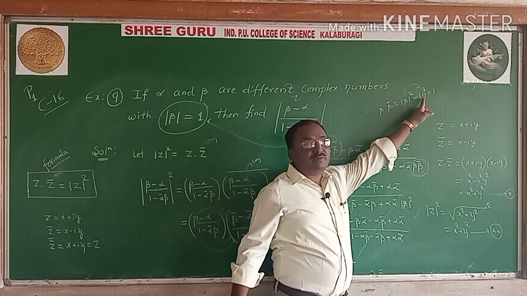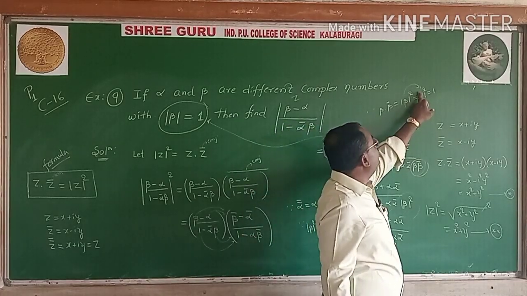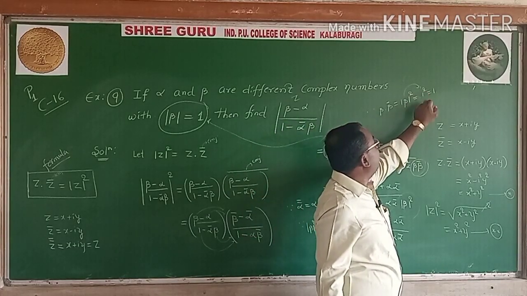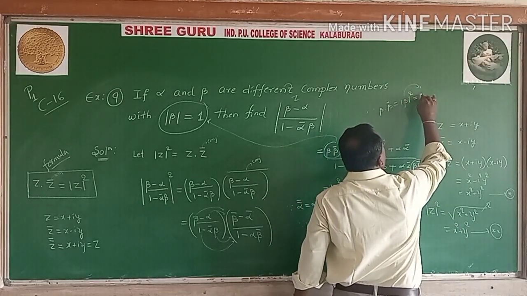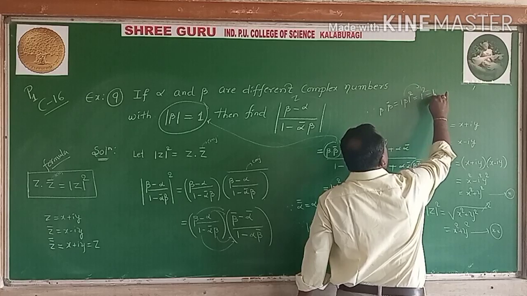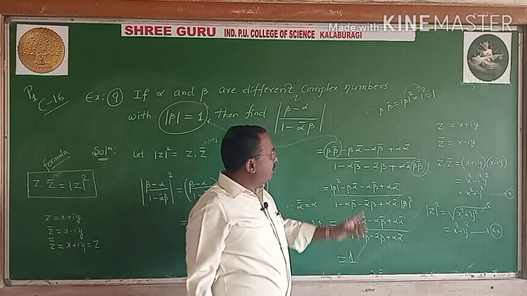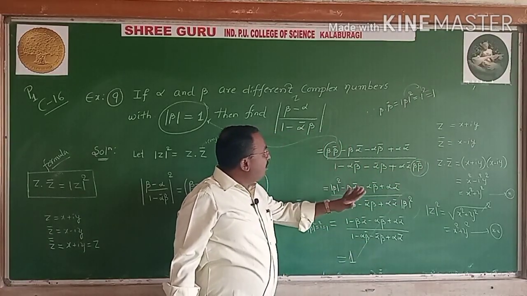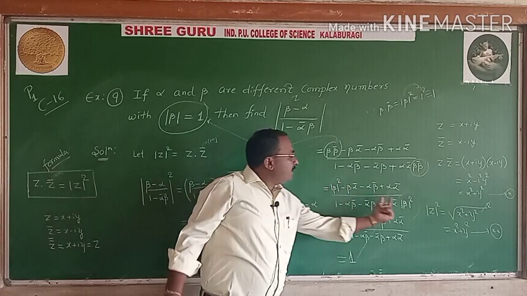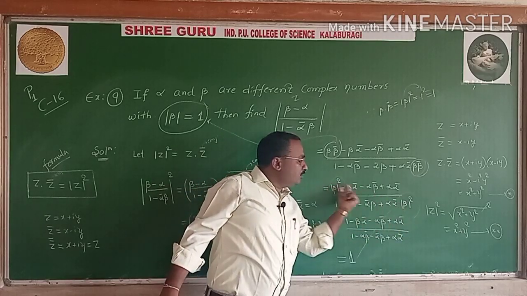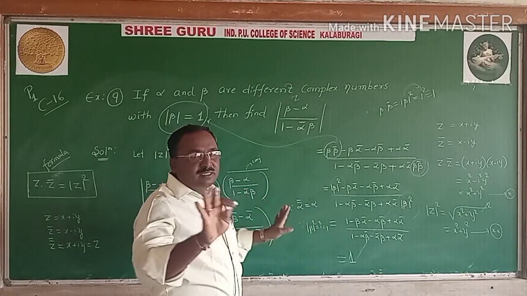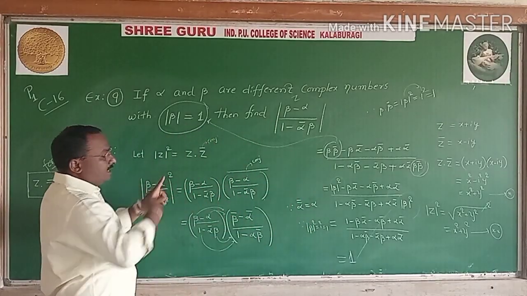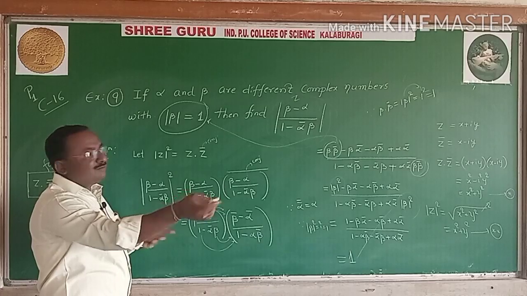But modulus of beta value is what? 1. 1 square value is 1. These two values are 1. Here numerator and denominator values are the same, cancel. Here square is there, take the right side, definitely value is 1.